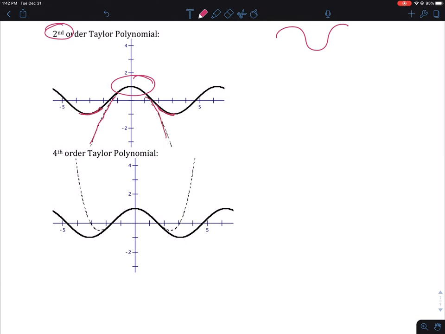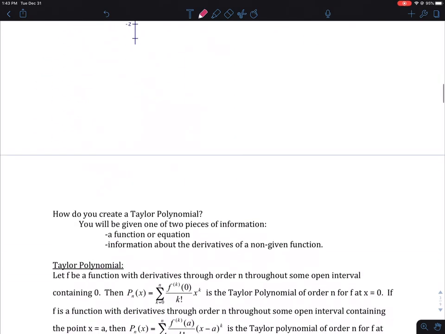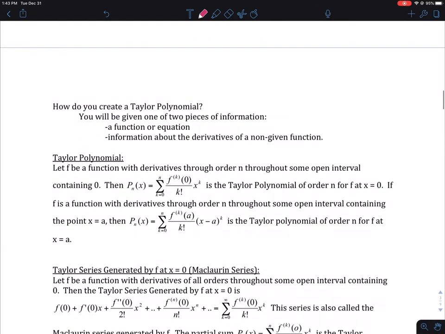If I do a fourth order Taylor polynomial, I get further out where my polynomial is almost exactly like my cosine curve. What do you think with a sixth order? Even better. So the more orders you do, the higher the degree of the polynomial, the better the approximation to the exact curve.